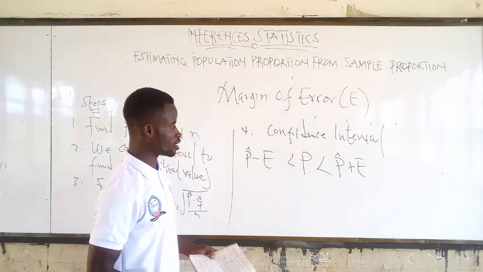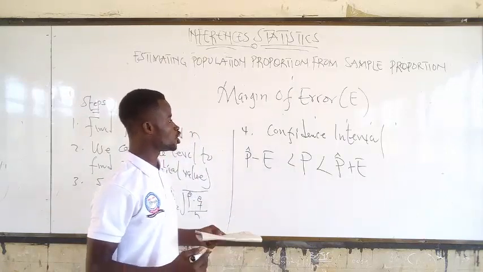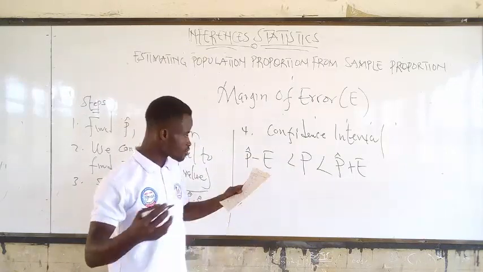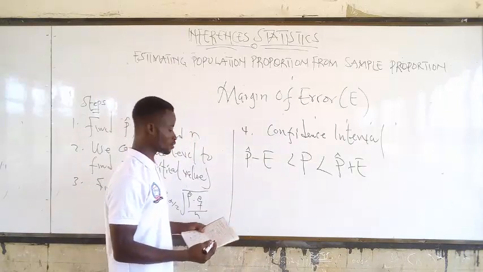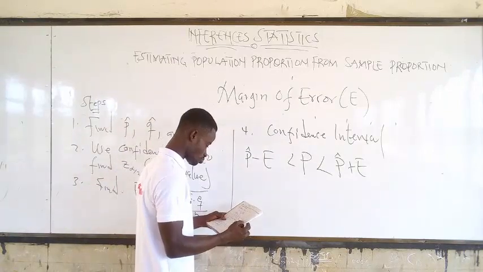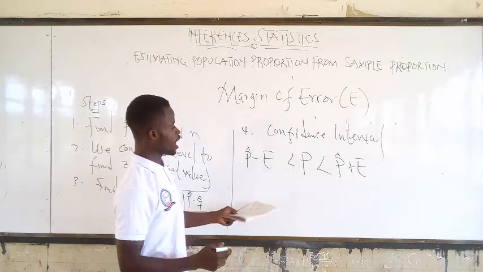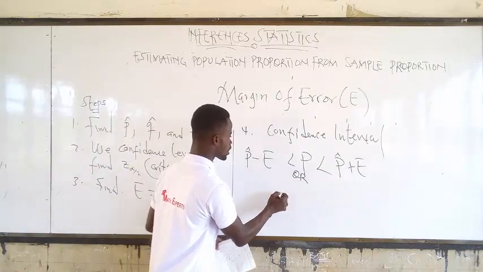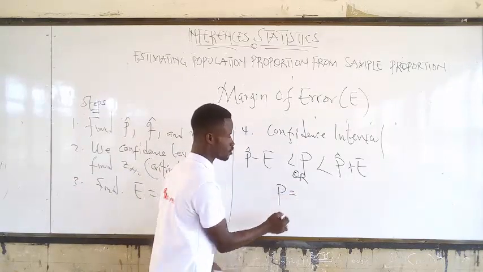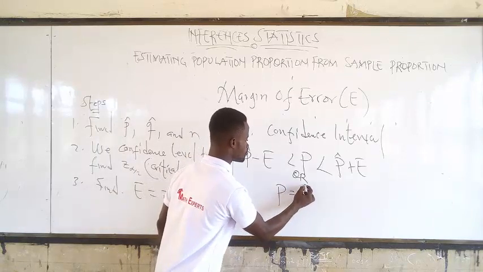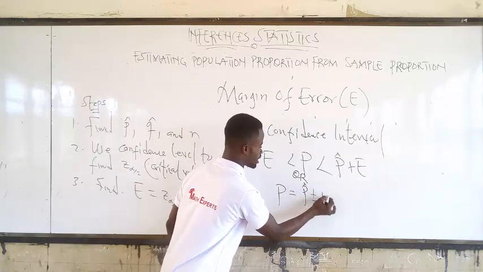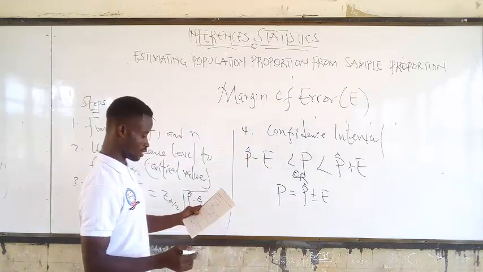So error will come in. So now with this, you can use it to estimate the what? The population. Good. So in other words, you can also write it in this way: P hat plus or minus E. And you are done with it.